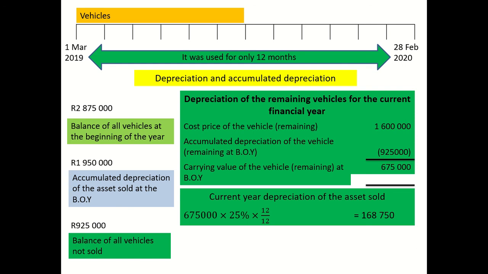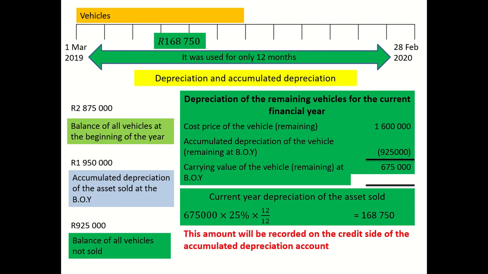All right. Now that is the depreciation, guys. It will be recorded on the credit side of your accumulated depreciation account, and take that 168,750 added to 925,000. It will give you 1,093,750. All right, guys. All I did was, just remember, here everything is for the remaining assets.